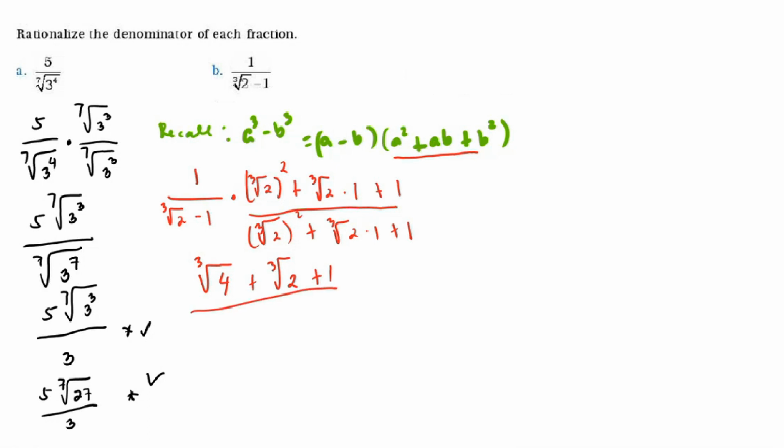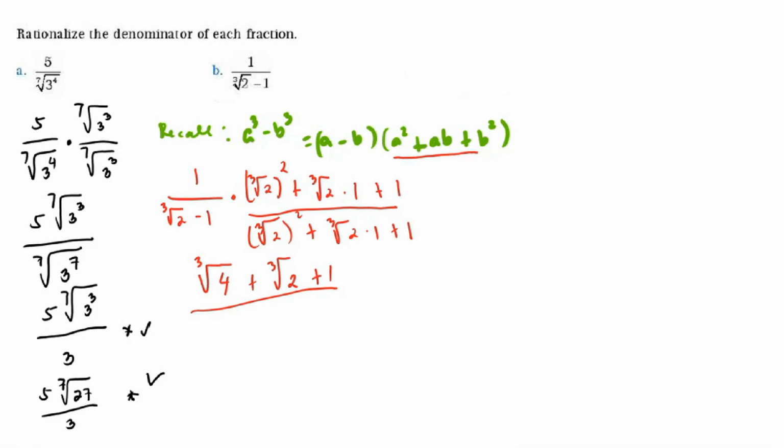Now, the product of this will be equal to a cubed minus b cubed. So we are talking about this one. The cube root of 2 minus 1 is somewhat like a minus b, and this one is our a squared plus ab plus b squared.